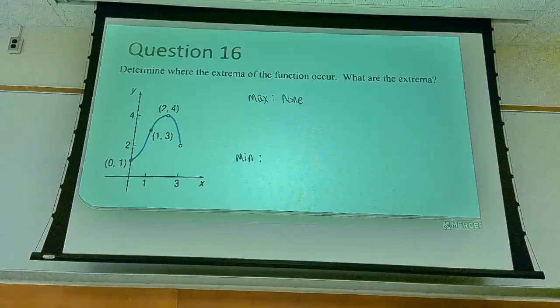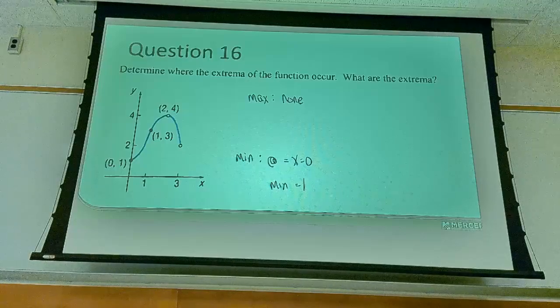And then the minimum would be at x equals 0 with a minimum of 1. Any others? No, I agree. Remember, open circle means the point is not included. It's a hole.